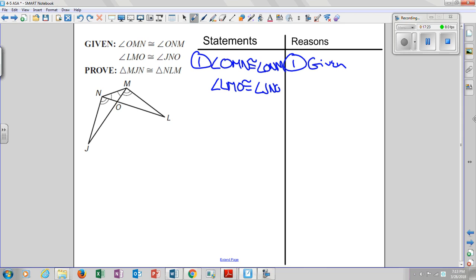Sometimes you might feel the need to separate these triangles out and to redraw them yourself. Now my redraw isn't going to be perfect.